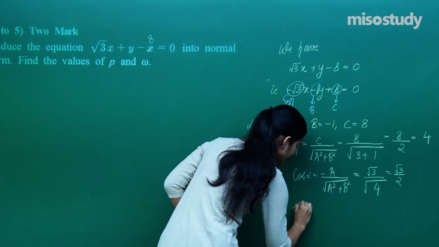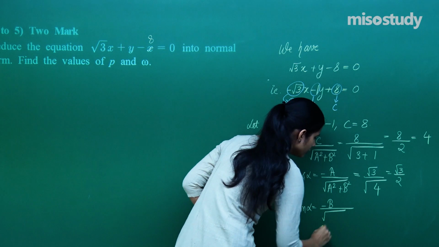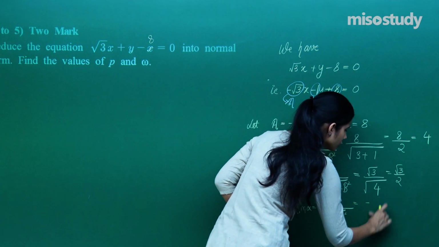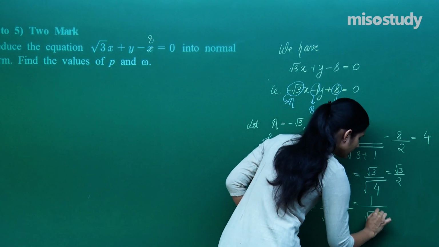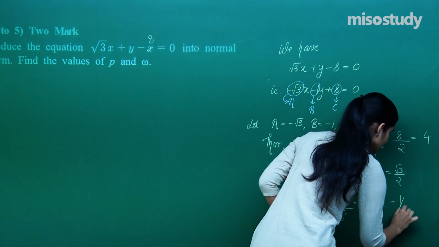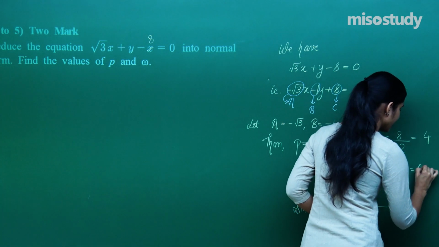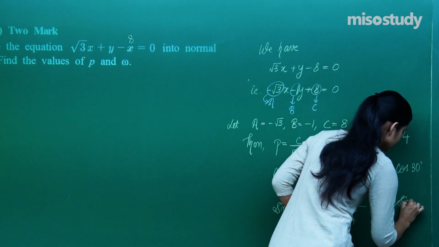And talking about sin alpha, it is minus b upon under root a square plus b square. So, it is minus b, b is minus 1, so minus of minus 1 is 1 upon under root 4, that is 1/2. Write it in the form of cos alpha and sin alpha. I can write this as cos 30, I can write this as sin 30.